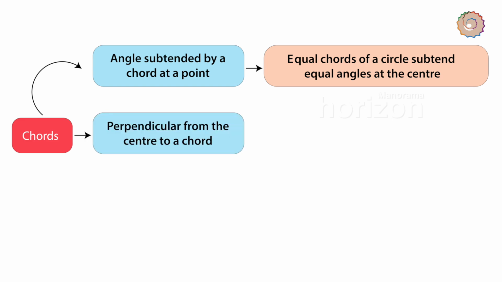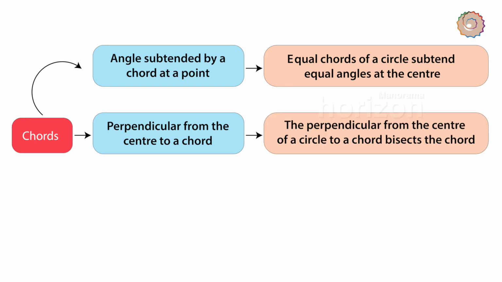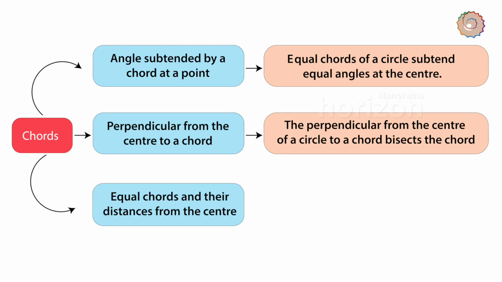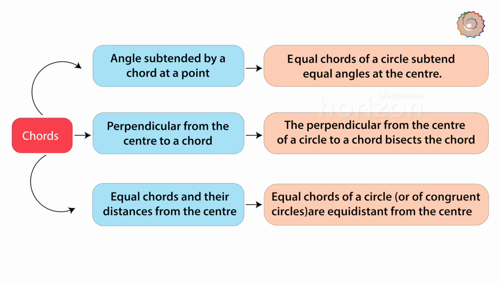Next, we have seen the perpendicular from the center to a chord, and the theorem, the perpendicular from the center of a circle to a chord bisects the chord, and its converse, the line drawn through the center of a circle to bisect a chord is always perpendicular to the chord. Next, we have seen equal chords and their distances from the center. Connected with this, the theorem is equal chords of a circle are equidistant from the center, and its converse statement is chords equidistant from the center of a circle are equal in length.